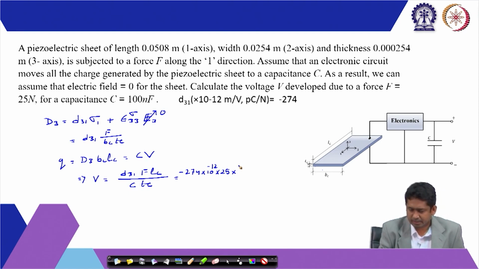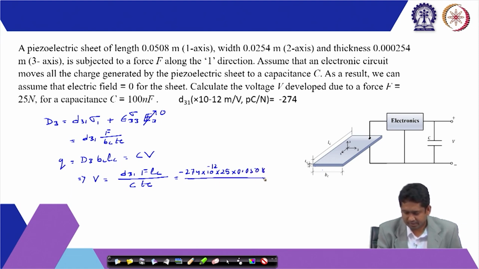This is basically LC, so LC is just this value, we can just write it 0.0508, then divided by C, the capacitance, 100 multiplied by 10 to the power minus 9, and then this has to be multiplied by the thickness 0.000254, and that is equal to our voltage, that is minus 13.7 volts.